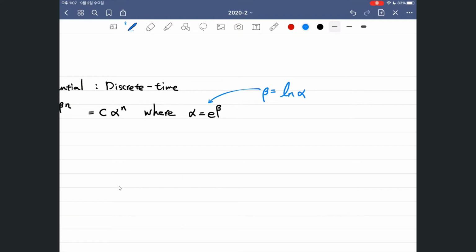In some textbooks, the natural log is written as ln, and in other textbooks, we just say log of alpha. If nothing is written as the base, then you just think of that as Euler's number.